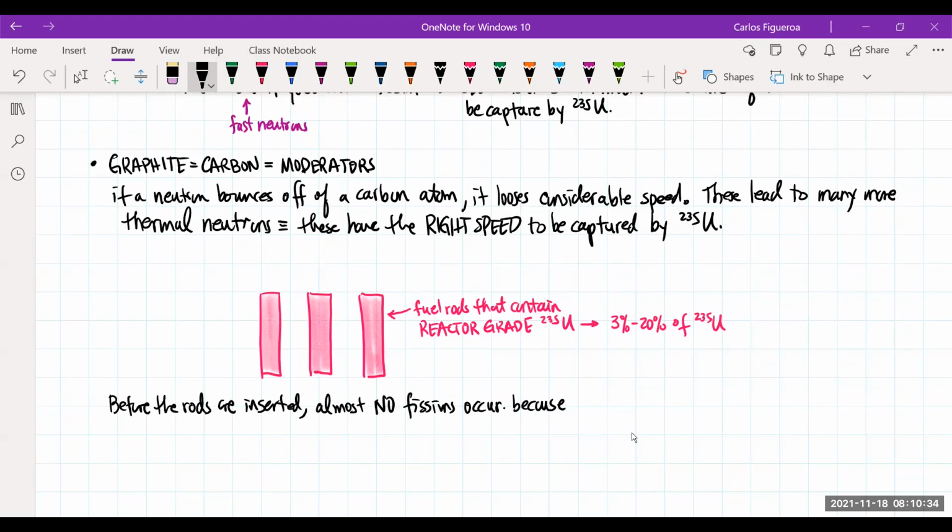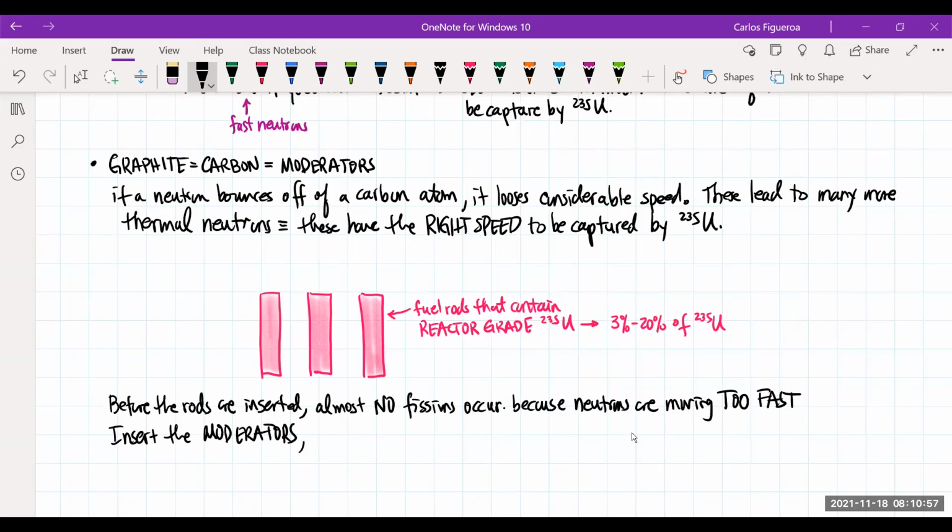The reason for this is because neutrons are moving too fast. So what you do now is that you insert the moderators.